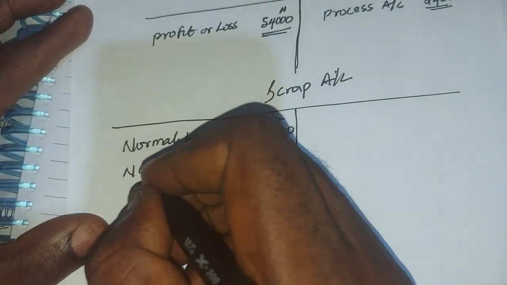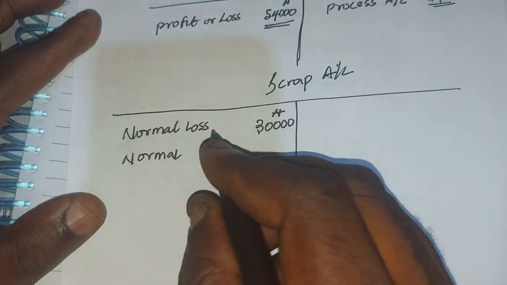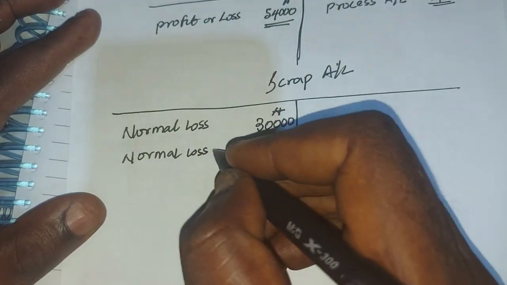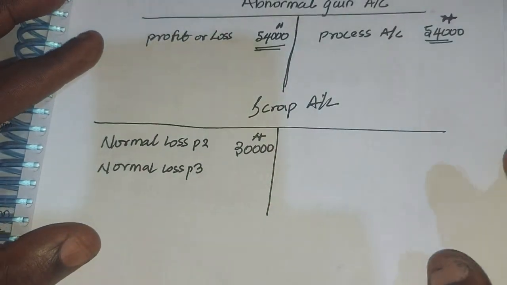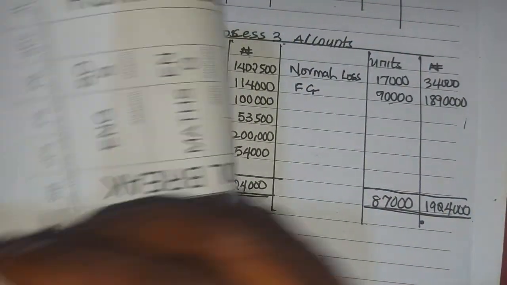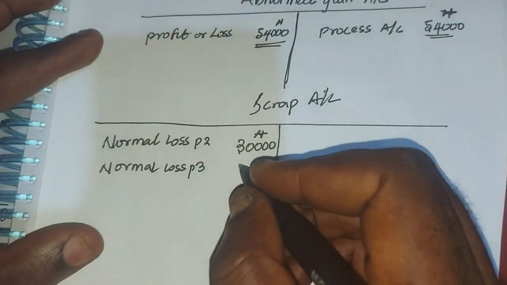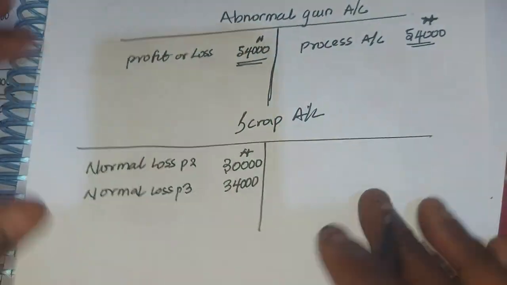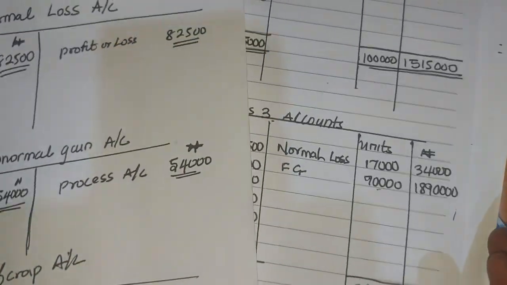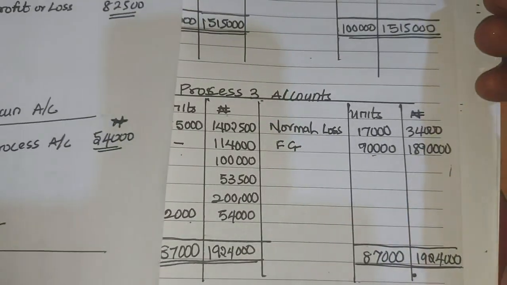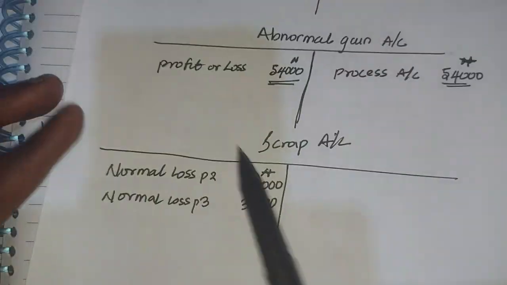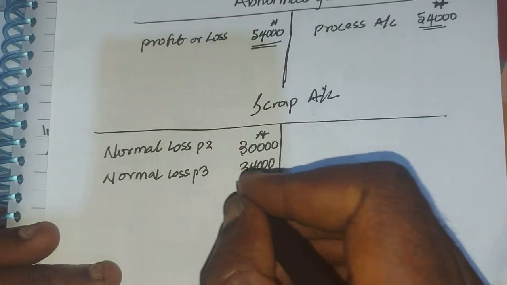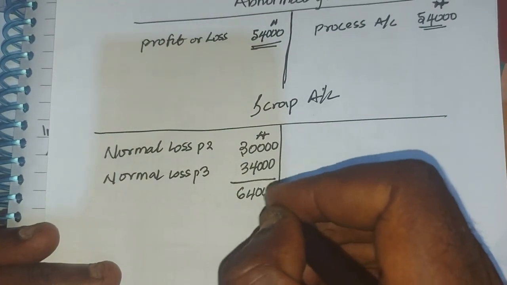Then process 3 normal loss, and it was sold for 34,000. Don't forget, the process account was debited with the normal loss and then credited with the normal loss. Then the scrap account will be debited with the normal loss, and the total here is 64,000.